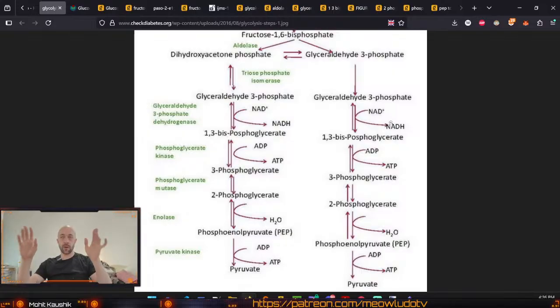So we started with an investment of 2 and then a yield of 4. And then we're left with a carbon skeleton with 3 carbons and no phosphates. And instead we have 4 of the ATPs, which, as we've seen at the start, are ways that we can add energy to things.